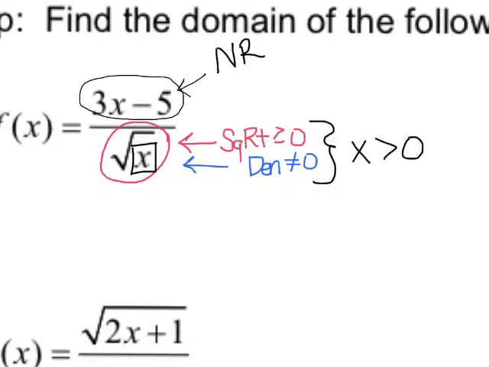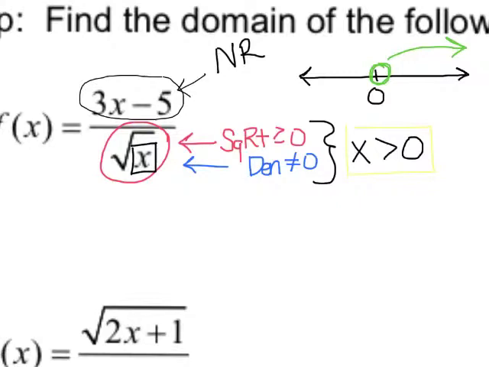Okay, and so this is our only restriction. X is greater than 0. So on a number line, how you show greater than 0, if you like the number line method, it's a good method. Here's 0. And on the 0, I'm going to have an open circle because I cannot equal it, and I'm going to go to the right because it's greater than.